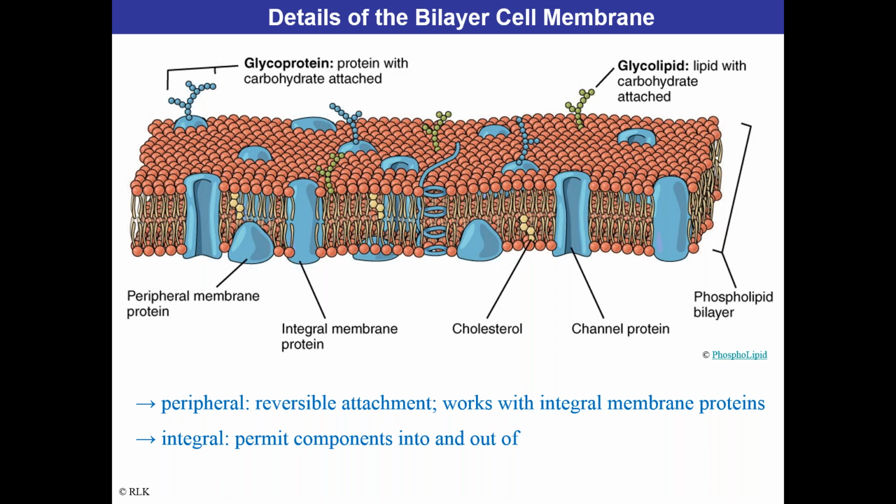Whereas the integral proteins actually just resemble a channel, right? Some kind of flue that goes from within to without. And these proteins, they do close, they open as needed. It all depends on what the requirements are.